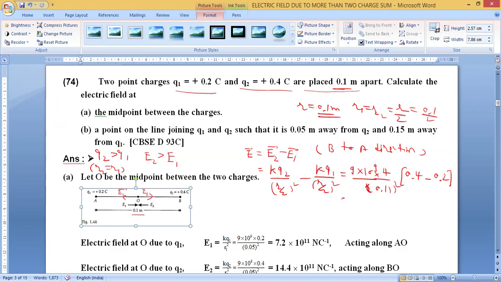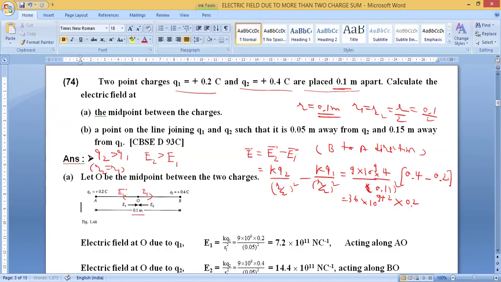Then here we write 9 into 4, 36 into 10 is to 9, 0.1 square, 10 is to minus 2, plus 2. Here we write into 0.4 minus 0.2, 0.2. So 36 into 0.2, that means 7.2 into 10 is to 11 Newton per coulomb. Okay, in the direction of B2A.